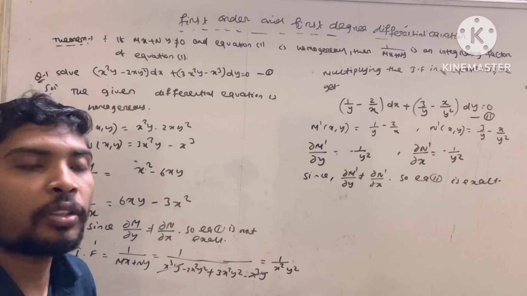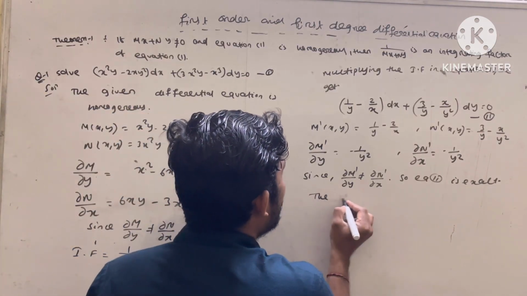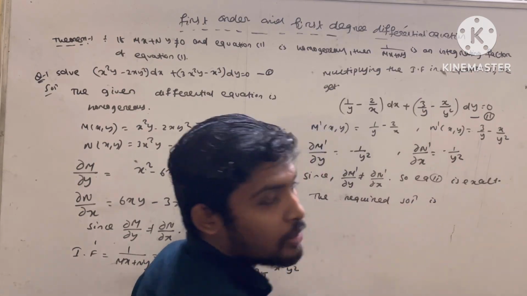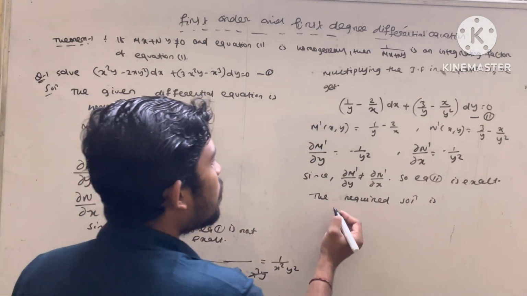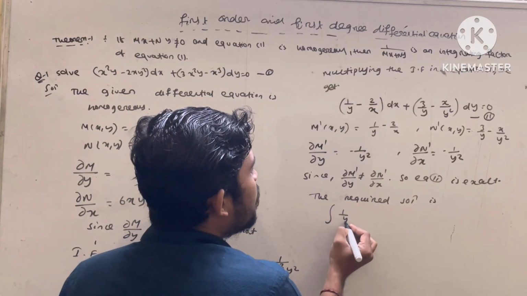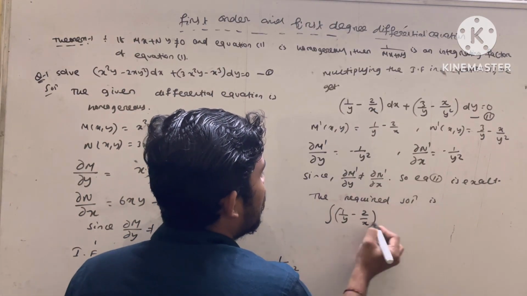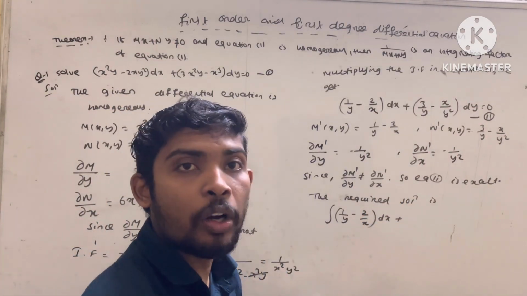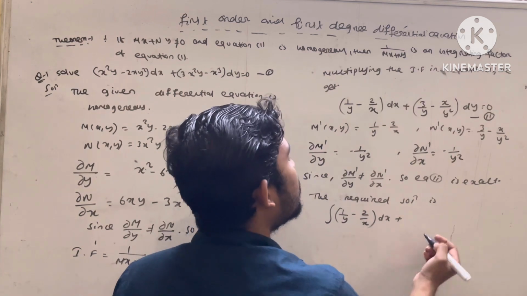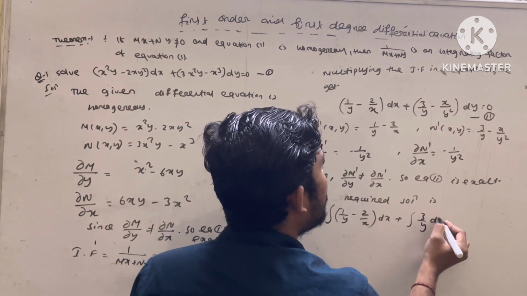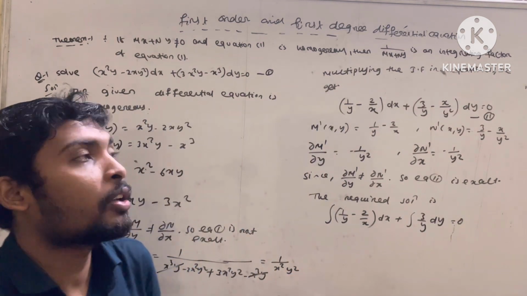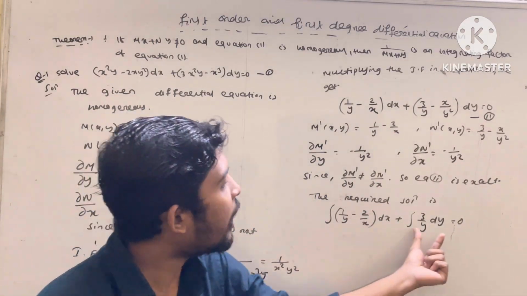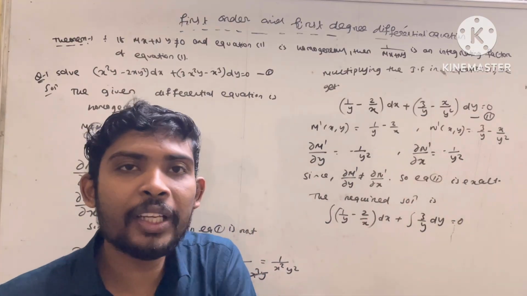Now you have to find the solution. The required solution is, as already discussed in the last class, the integration of M with y treated as constant, that is 1 by y minus 2 by x dx, and then we take those terms of N that do not contain x, so 3 by y dy, equal to c. Remember, in M of xy, y is treated as constant, and we take only those terms that do not contain x.